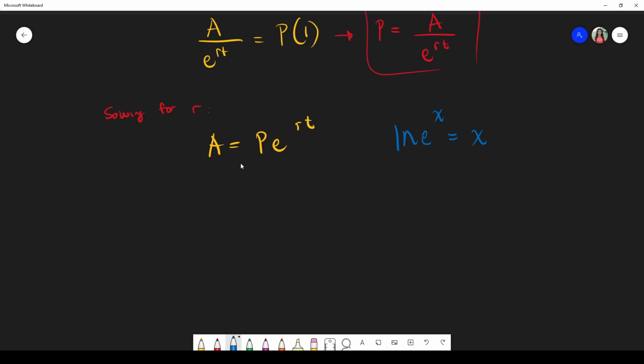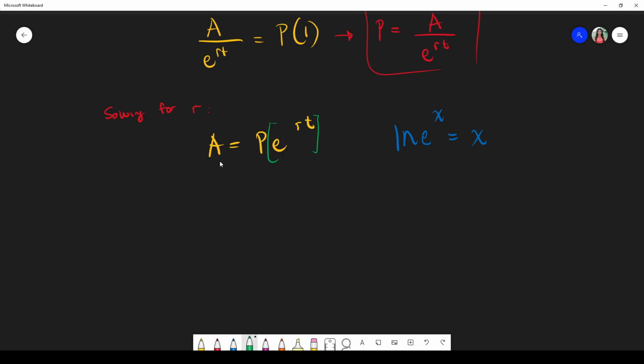We have A is equal to Pe raised to rt, and our goal for this is to isolate r so we could solve for r. So essentially, the first thing that we have to do is isolate the term that has our variable of interest. So the variable that we have to remove on this side of the equation is P, right?